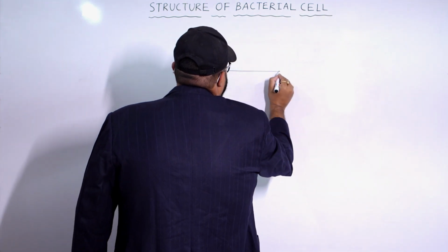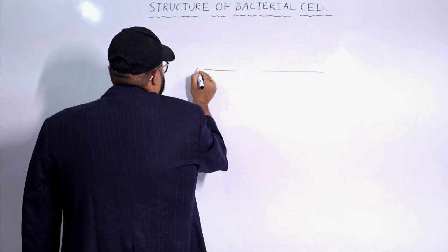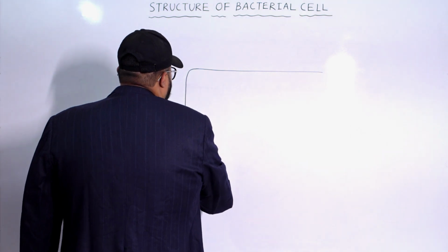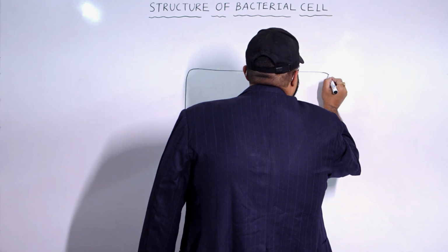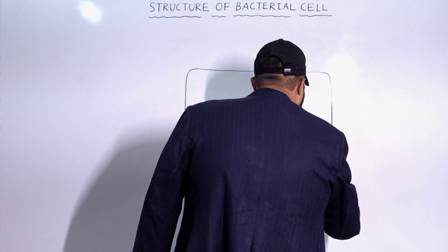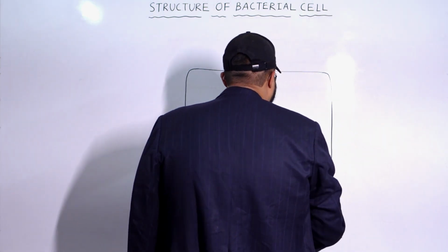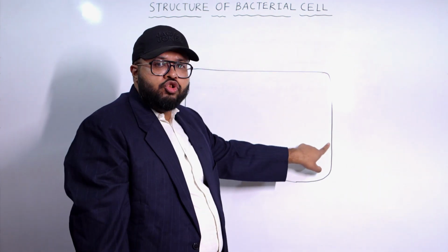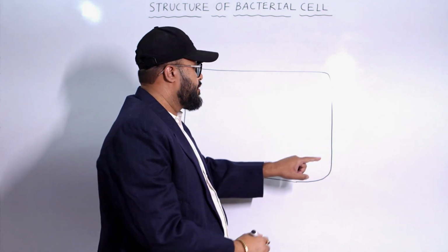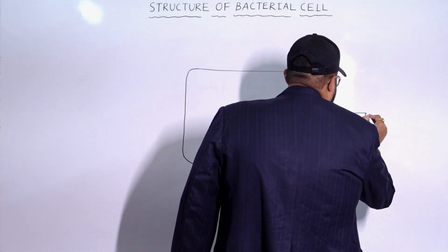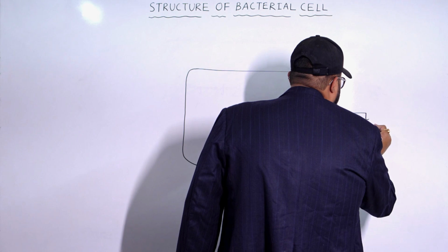I am forming the outermost covering of the bacterial cell. This outermost covering of the bacterial cell is called the glycocalyx. It has a protective covering.